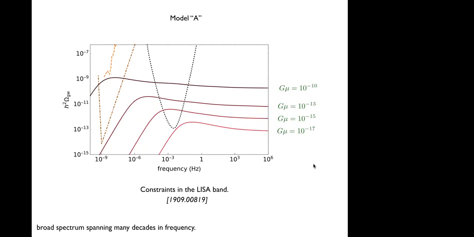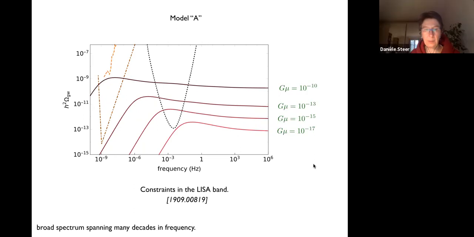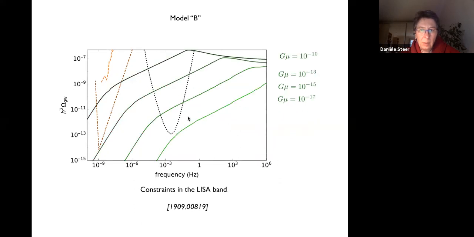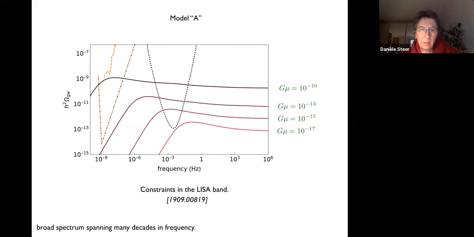Yeah, so the answer is probably yes. In the LISA band here, whether you're looking at model A or model B, any value of G mu above 10 to the minus 17 should be visible in LISA, right? If you look at these two, 10 to the minus 17 basically just grazes this point, for both models.